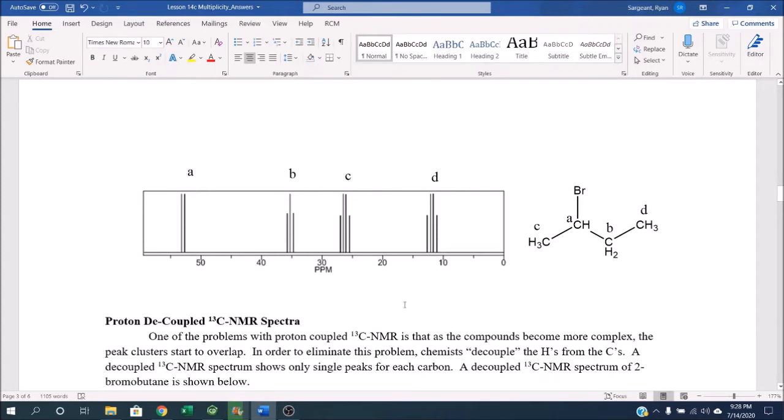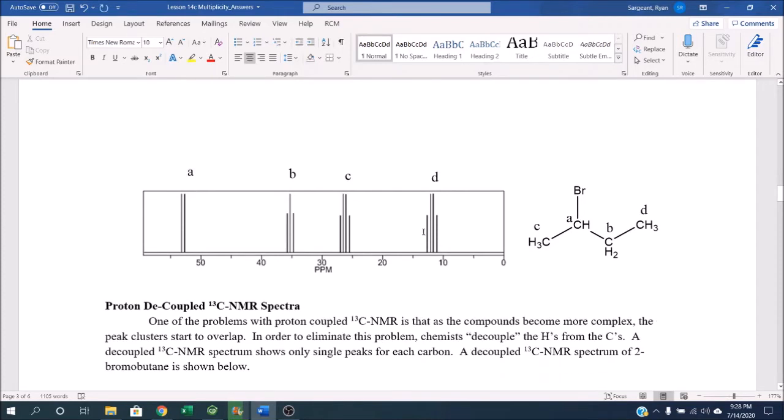All right, the problem with all of this is that carbon-13 NMR spectra is based on carbon-13. And carbon-13 only makes up about 1% of all of the carbon in a typical organic compound. The most common isotope is carbon-12. The problem with carbon-12 is that its nucleus doesn't actually have a net magnetic dipole.